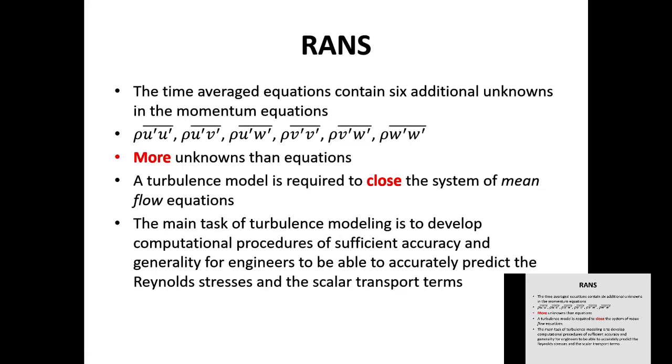The turbulence model needs to close the system of mean flow equations. Meaning, when you have this set of equations, the number of unknowns should be equal to the number of equations that you have to solve.